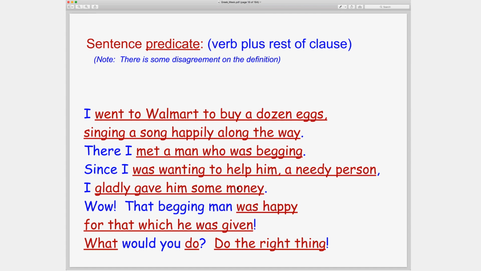The predicate is the verb and everything after that. And as I mentioned, there's some disagreement in terms of what constitutes a predicate among the textbooks that you'll read. But this is what I learned in school. Went is the verb, and everything after that is the predicate.